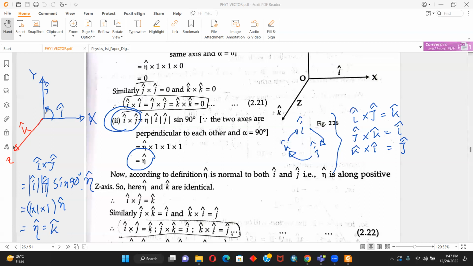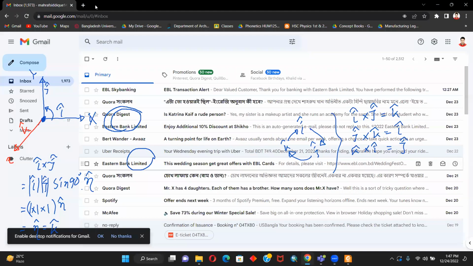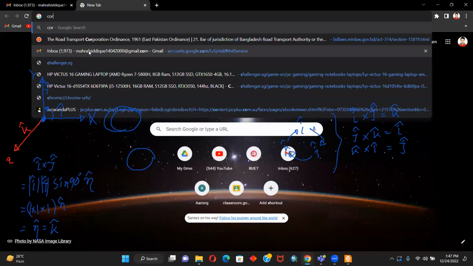Keep your pen exactly upright on this point on your page wherever you have drawn this. Did you do that? So that will be our direction of the cross product, which is represented here by this. Again, let me show.